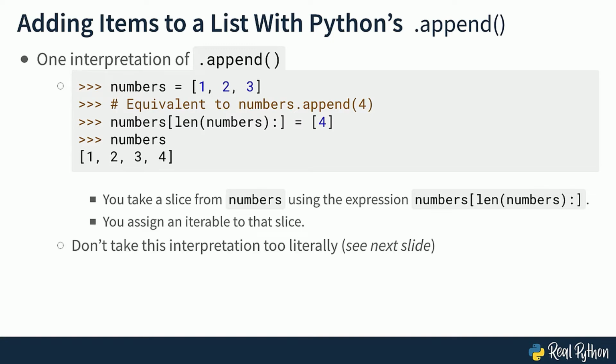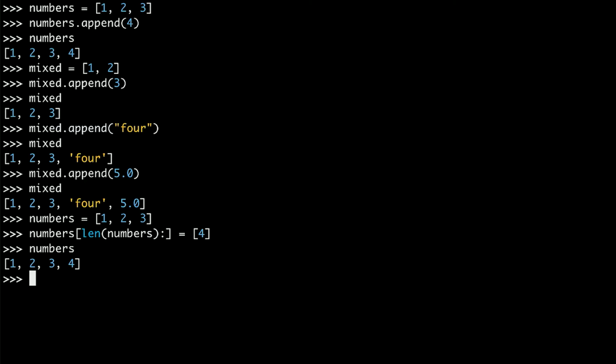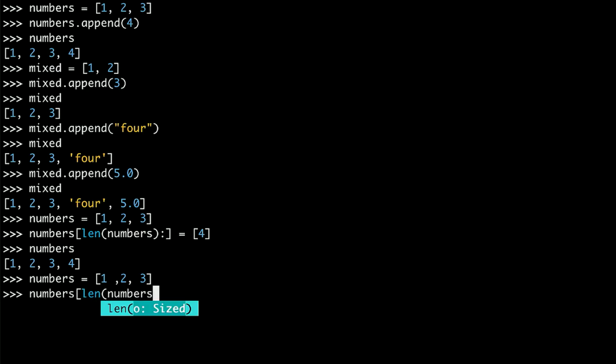However, you shouldn't take this interpretation too literally, because append only adds a single item to the end of a list. But using this slice operation will lead to different types of results. So again, I'm going to take a slice from positions 3 to the end and set that slice equal to a longer iterable.